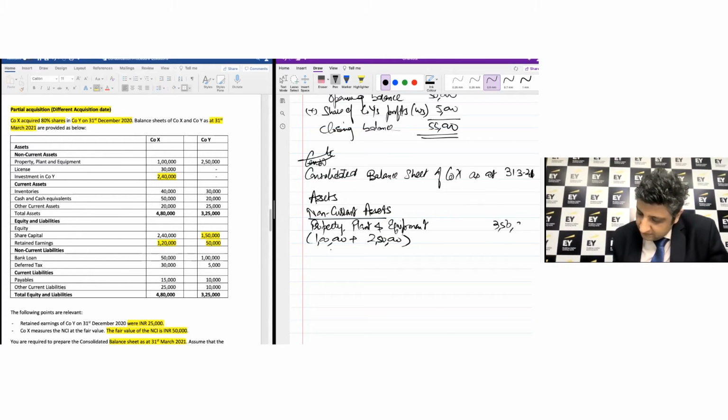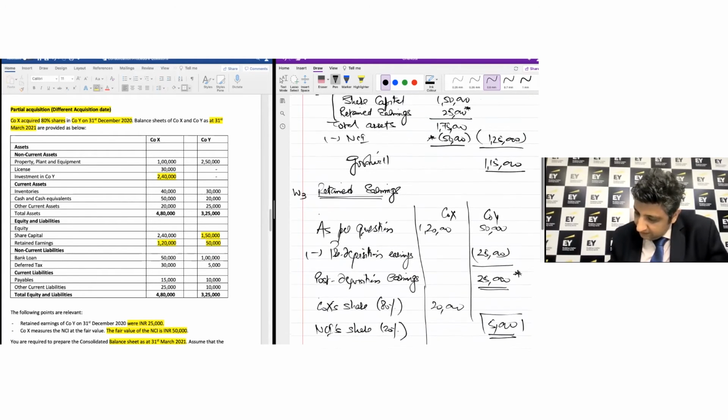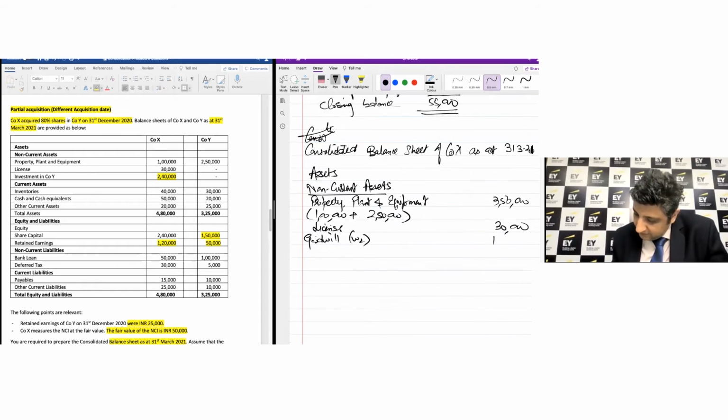Now that gives us 3,50,000. Okay, then we have license of 30,000. We also have goodwill under the working 2 that we calculated of 1,15,000.